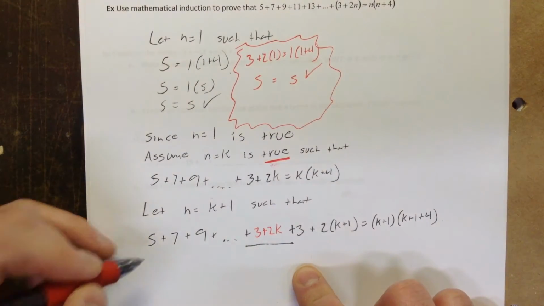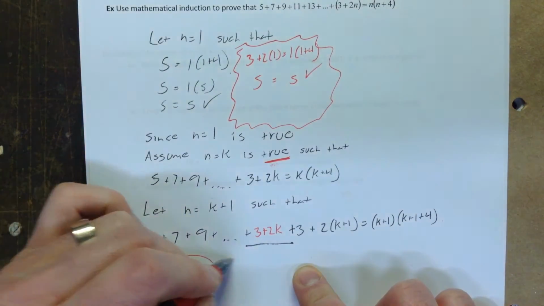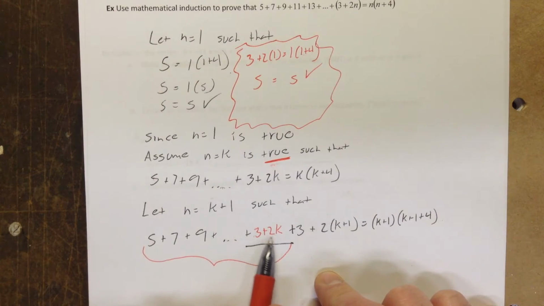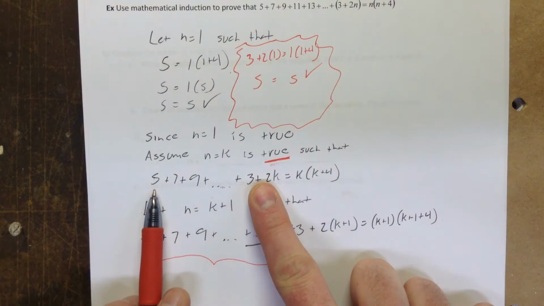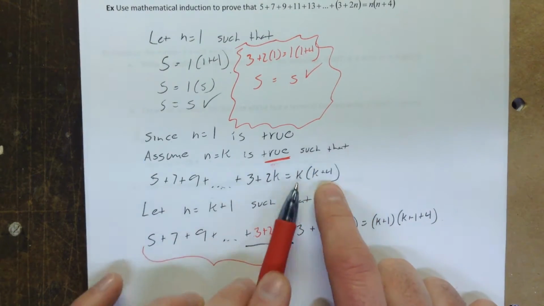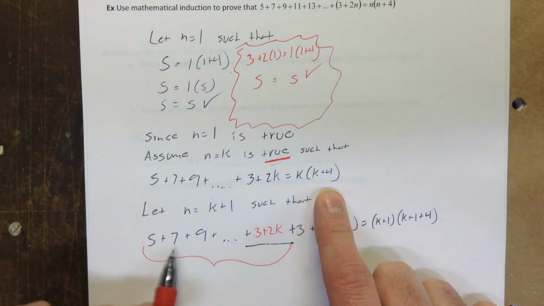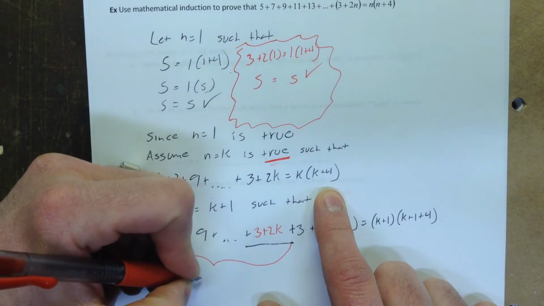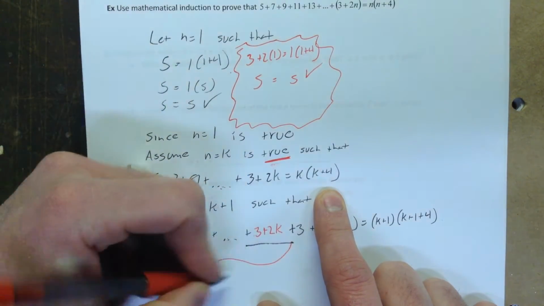Whoa, that's crazy. The reason why that's crazy is because this chunk right here I know a lot about. Starting at the 5, 7, 9 and going all the way up to the 3 plus 2k, that's equal to something. It's equal to this chunk right here. I can replace this whole chunk that is very, very long with a nice small little bit: k times k plus 4.